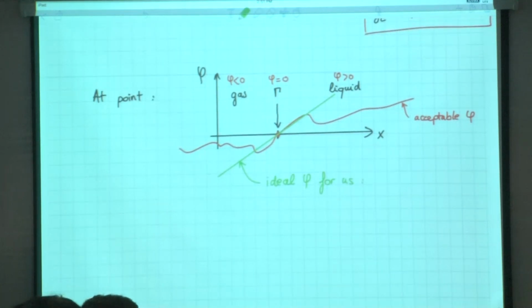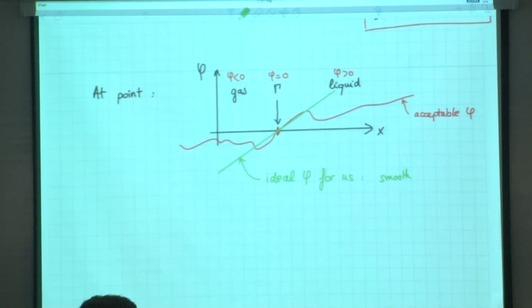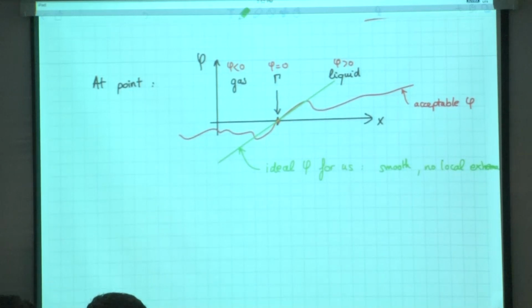Okay? It is smooth. No local extrema, at least as much as possible, which will make the transport more accurate.